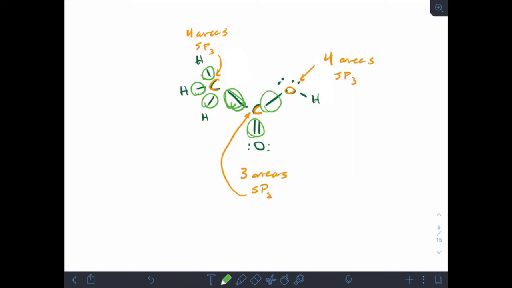So S, a P, and a P makes 3 things, sp2, and that will have 1 unhybridized p orbital to play with. And then our oxygen, remember, lone pairs count as an area, so our oxygen has 1, 2, 3, 4 areas around it. So S and 3 P's makes 4 things, or sp3 hybridization.